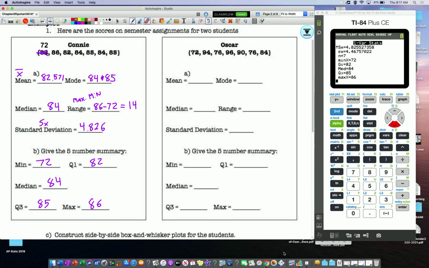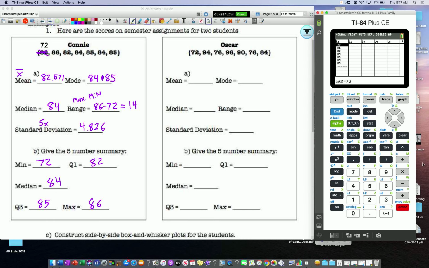All right, if you've come from the unpause or you just kept on playing, I'm going to do Oscar's here just to show you stat. What I'm actually going to do, just to be a little different, is put Oscar's scores in list 2, just to show you that you can actually do more than one list in your calculator at a time.